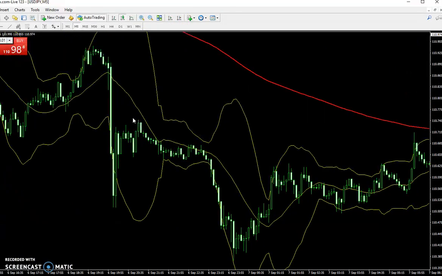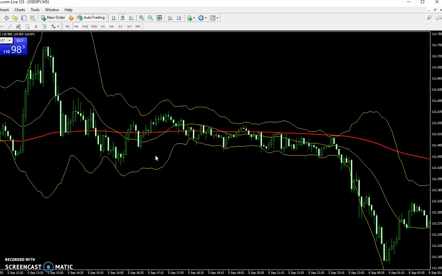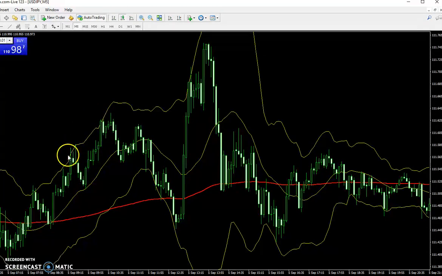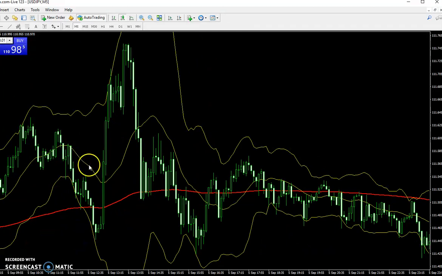What that means is if all the candles are below the 200 EMA, then you're going to look for shorts. If the candles are above the 200, then you look to go long.